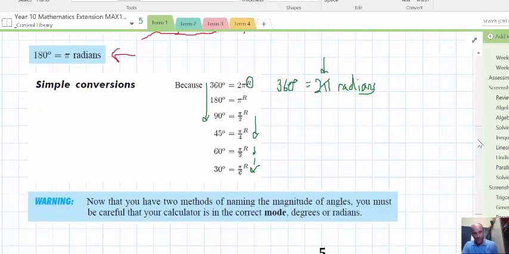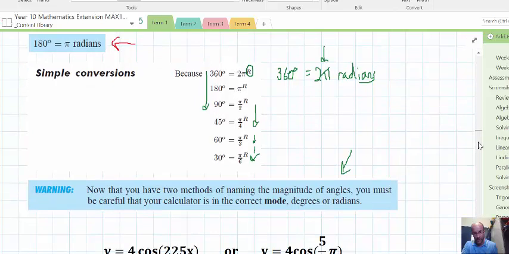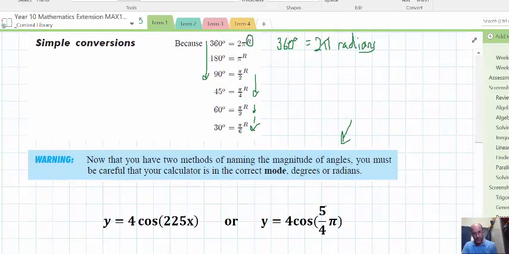Basically, remember, as always, you must be in the correct calculator mode. Now that we'll be working with both degrees and radians, it's very important you check your calculator or the software you're using to make sure it's in the mode you want, whether it be degrees or radians.